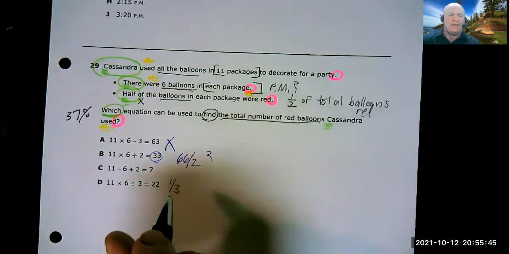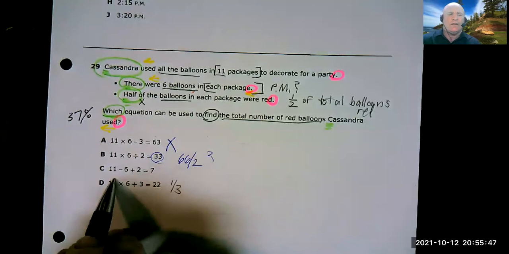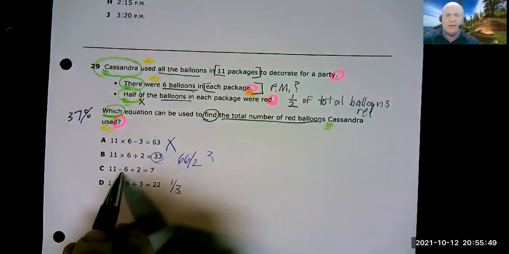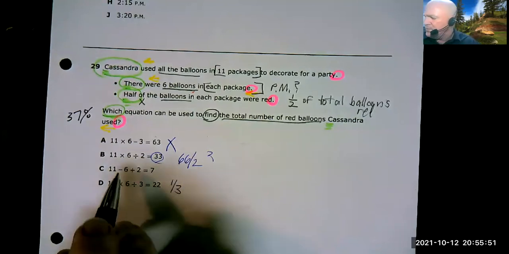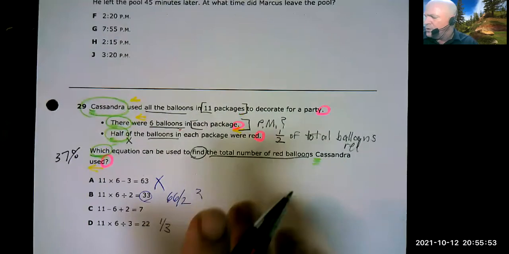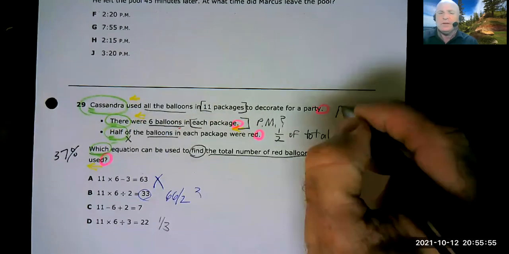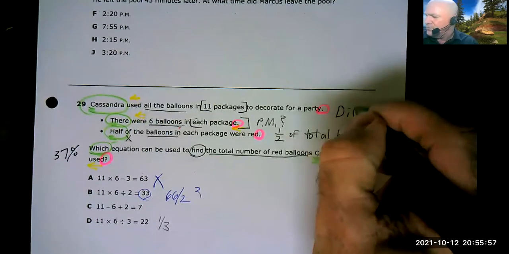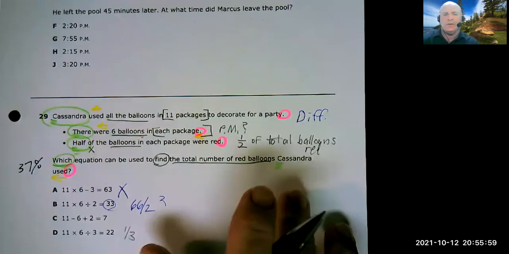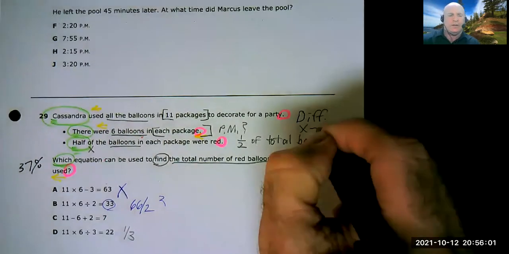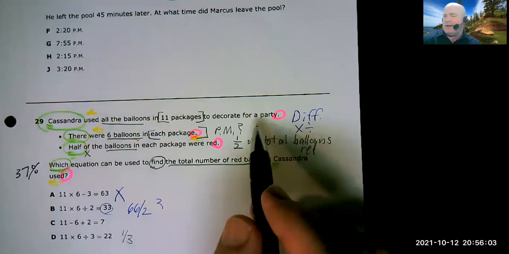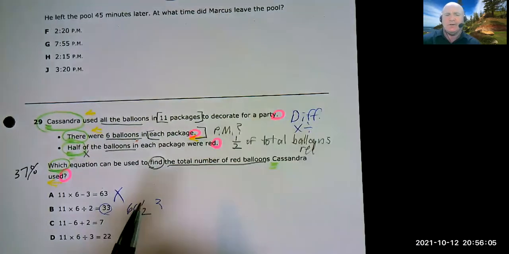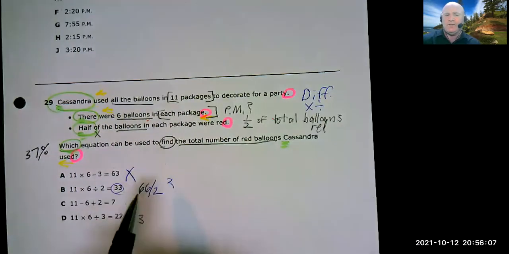11 minus 6, we said that because the keywords were different, we could write here diff, multiply or divide. And that would not be adding and subtracting at any time because we would multiply these.